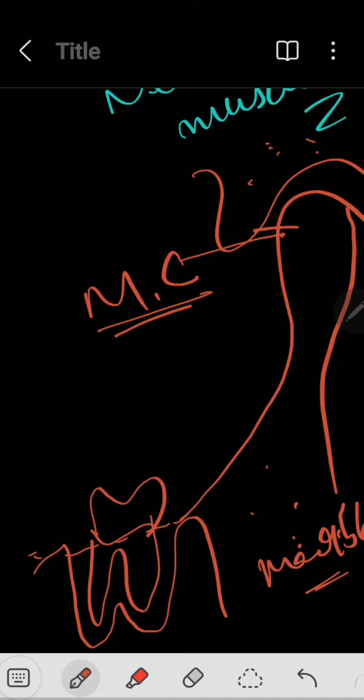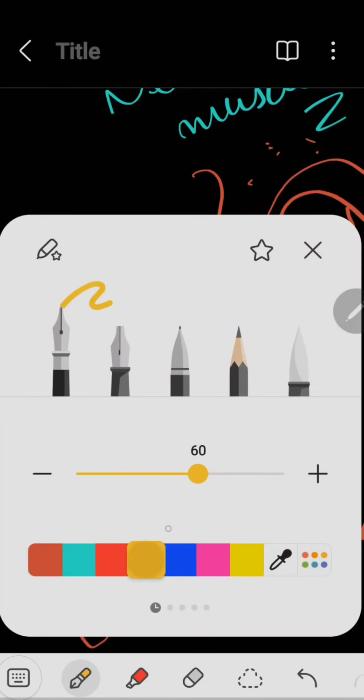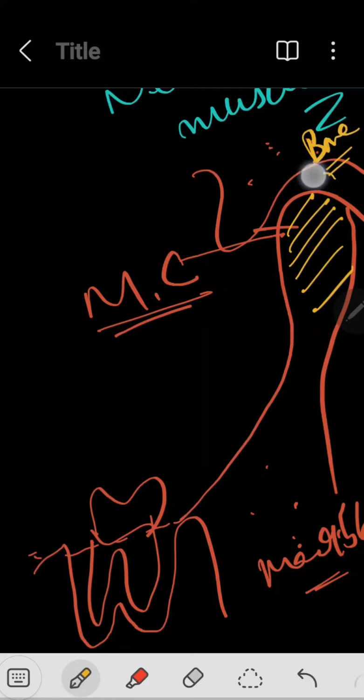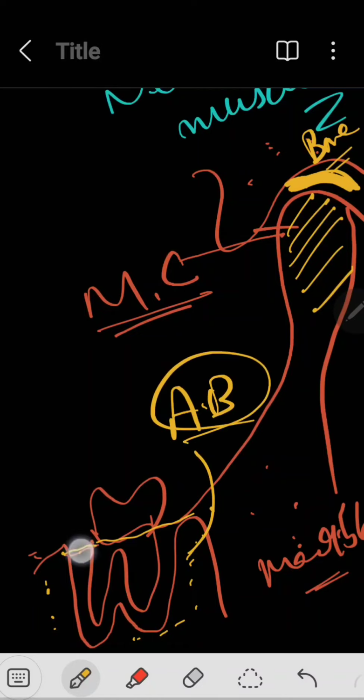So if we talk about the dynamics, it may include what kind of relationship this condyle has with this bone, which is called the glenoid fossa. As we all know, there is an interposed articular disc between the condyle and the glenoid fossa, and also the relationship between the tooth itself along with the alveolar bone, the bone which is surrounding this area, and the PDL fibers.